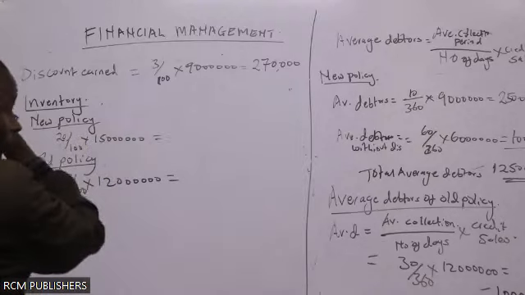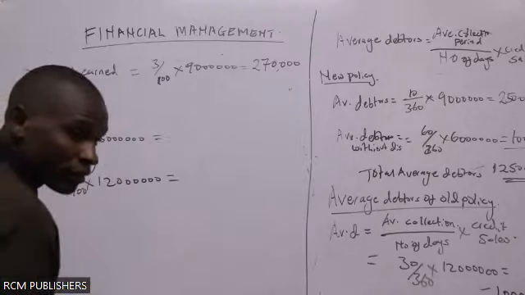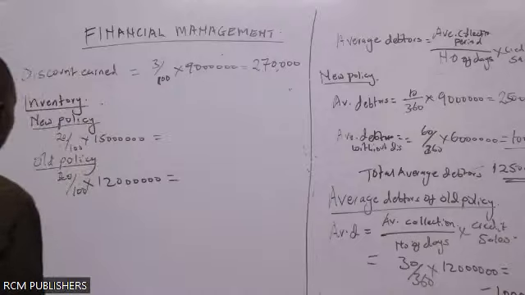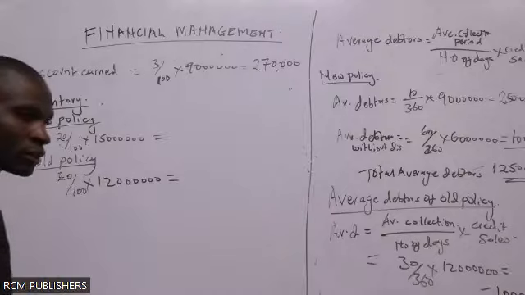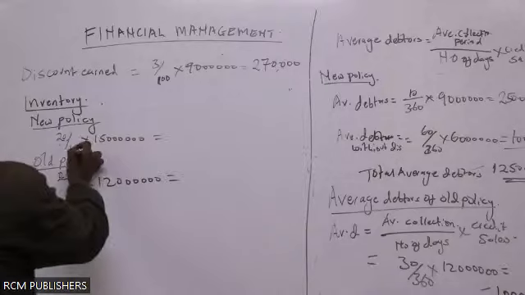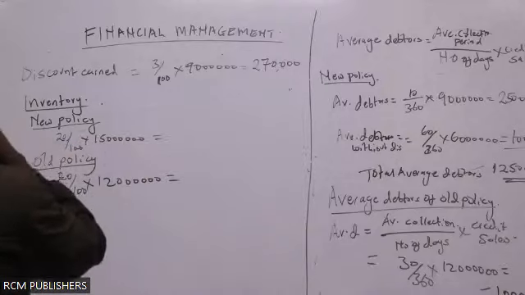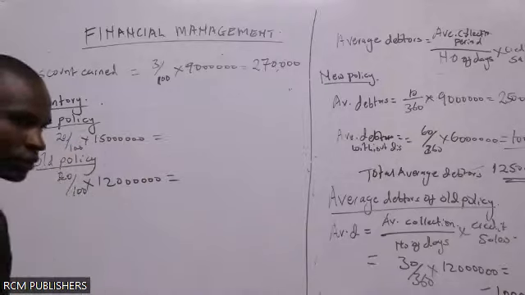Itakuwa ngapi? 40% is the variable cost. Tutaitumia kutafuta the variable cost. Tia hii 20. Pata ngapi?